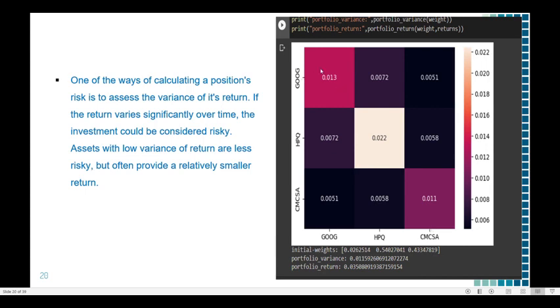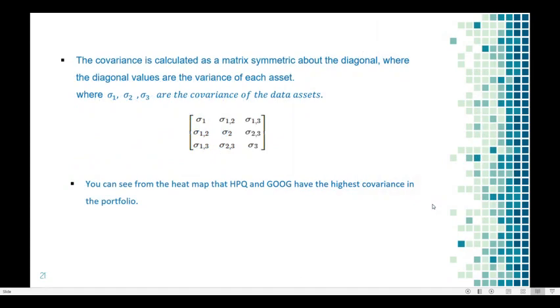The variance of Google is 0.013, the variance of HP is 0.02, and the variance of Comcast is 0.01. You can see that HP and Google have the highest variance, so we can expect that these are high-risk stocks, but they give high returns.